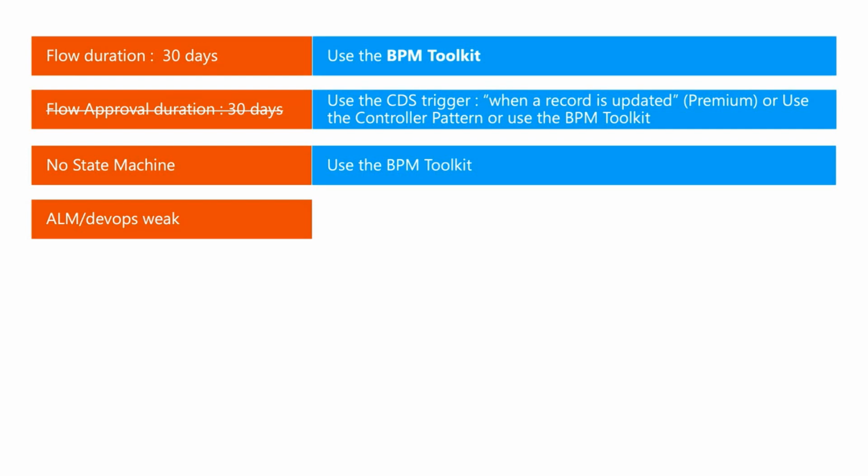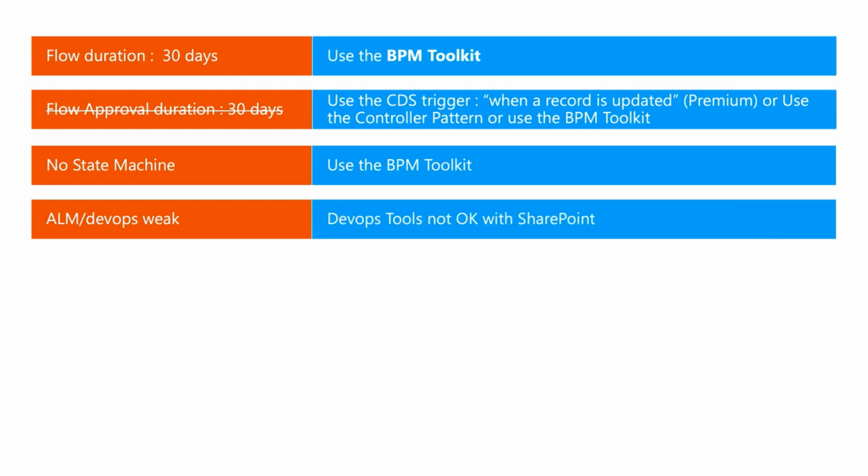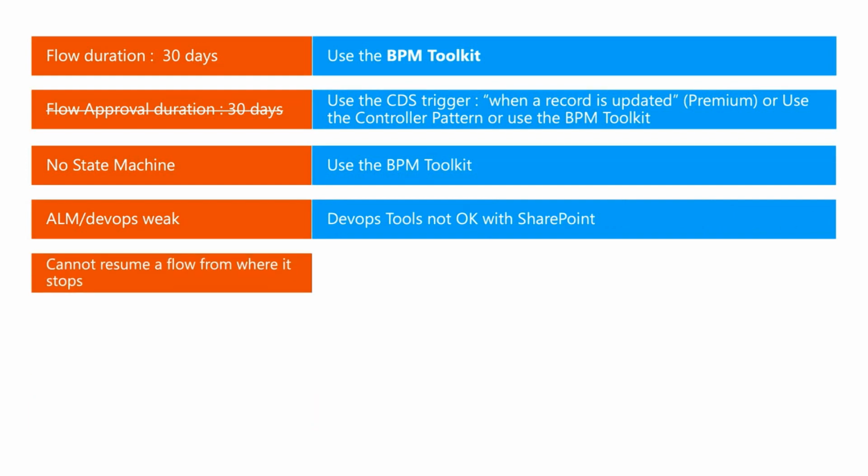So now you can easily deploy a SharePoint flow, for instance, from one environment to another environment, so a SharePoint flow linked to one site to a different site. So this deployment is now easy. However, the ALM story is still kind of weak.